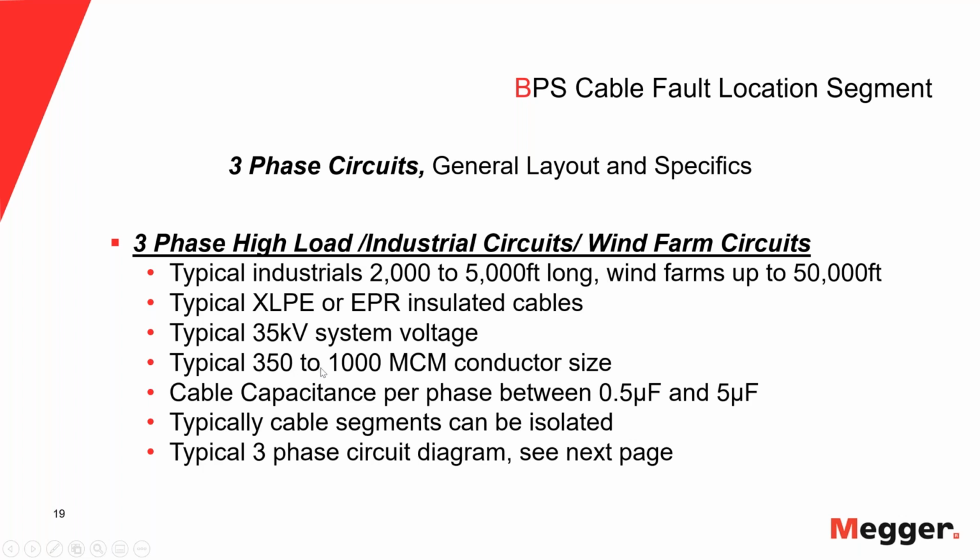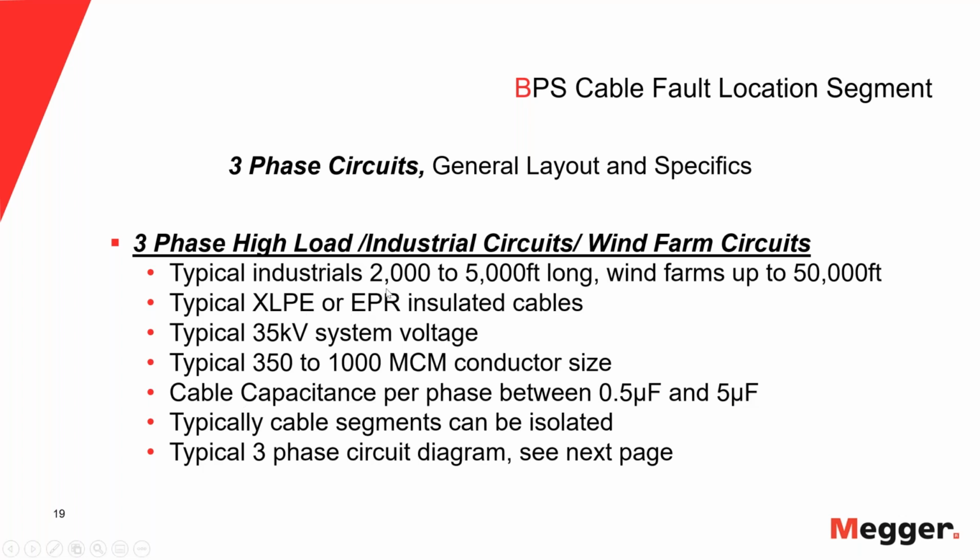So what this really does is the length of the cable and the conductor size affect the cable capacitance, and that is one of the parameters we need to understand when we do fault locating later. The cable capacitance on these cables per phase is typically between maybe half and 5 microfarad. Half is the shorter ones, and 5 would be a long wind farm type cable.